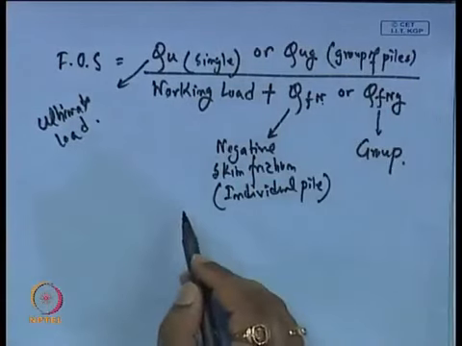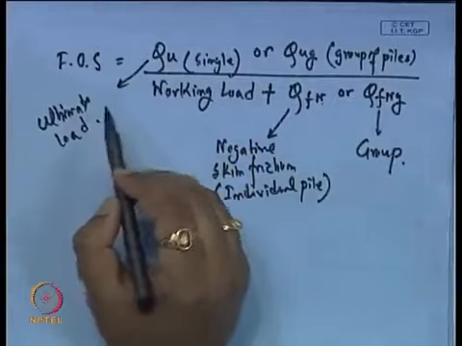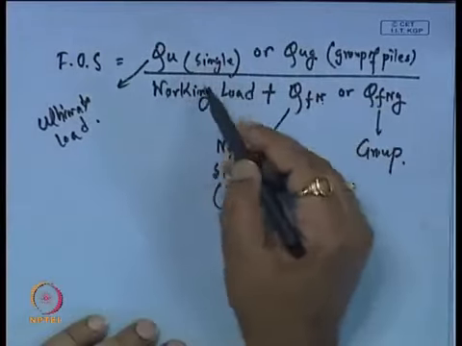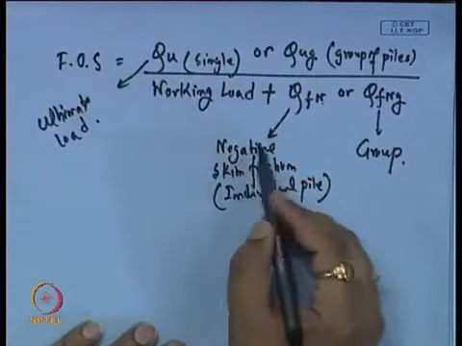So, in this way we have to calculate the factor of safety. Now, whether it is a single pile failure or block failure, you have to consider. Based on that, you have to decide which one you will choose, either Qu or Qug, or Qfn or Qfng.